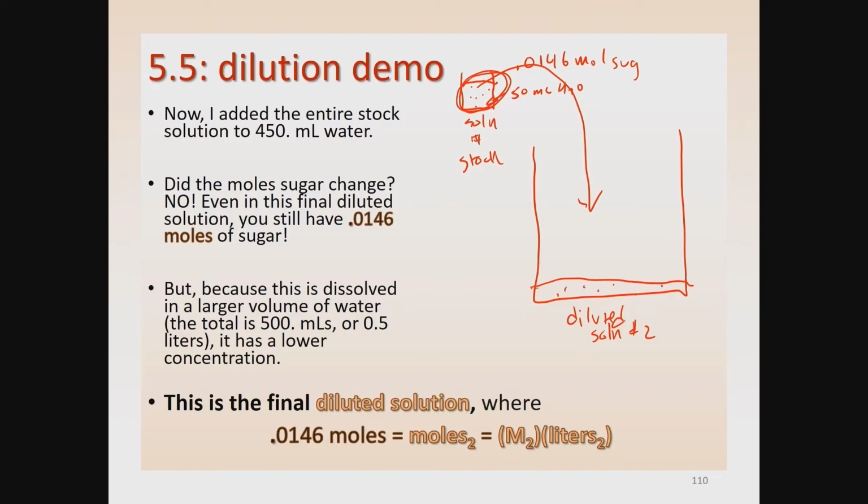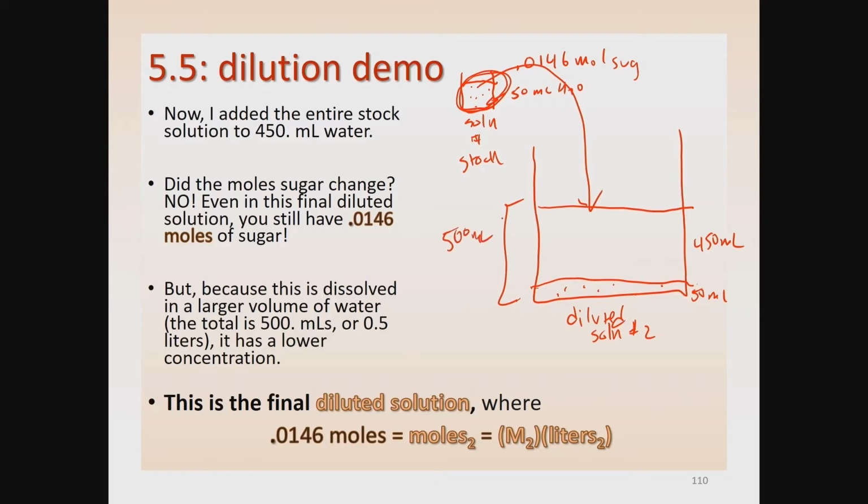Now we're going to dilute it by adding 450 milliliters of water. So this was the 50 milliliters of the original solution. Now we have added 450 milliliters of pure water, and now we're up to 500 milliliters.